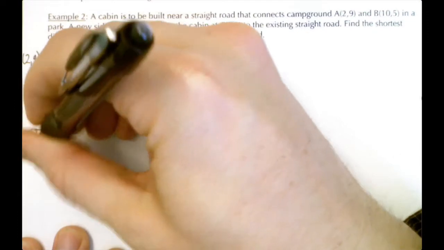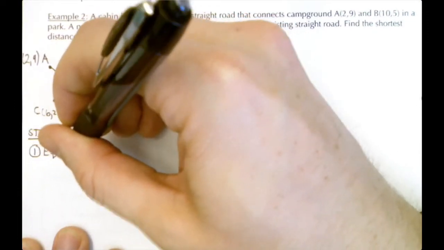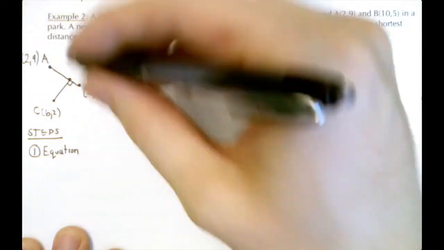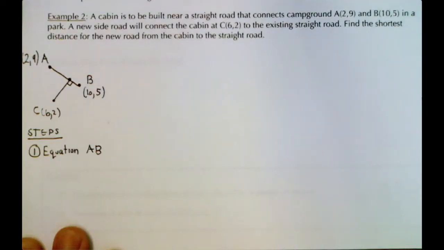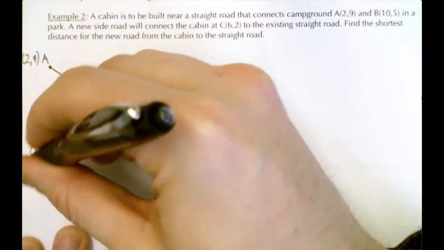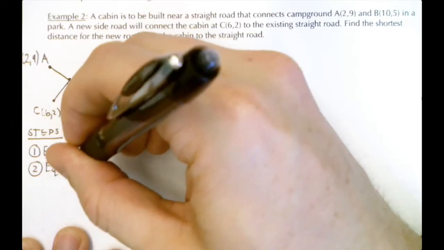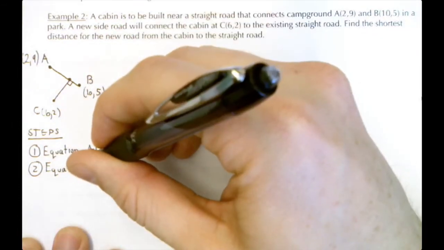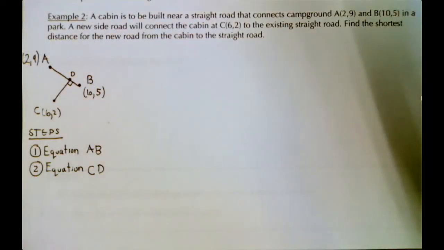Start by finding the equation of your original line. So in this case, it's AB. Then, find the equation of your altitude. In this case, it's C to, call this point D. So AB is the original line, CD is our altitude.